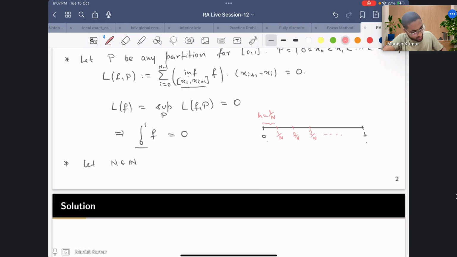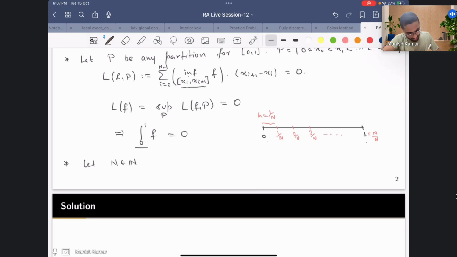At the nth level you get n by n, which is 1. This is how we define this partition. Note that as n goes to infinity, the size of the subintervals converges to 0. As n increases, the size of the subinterval decreases and eventually goes to 0.